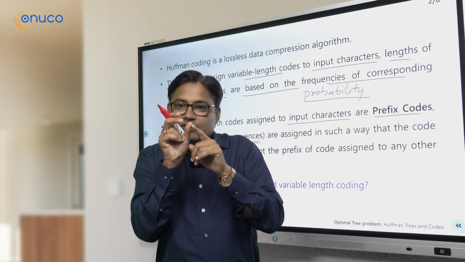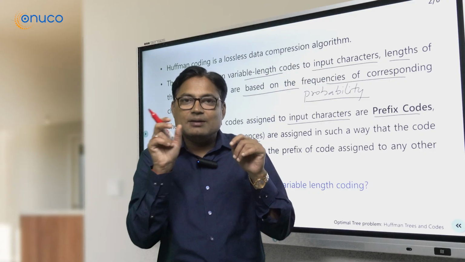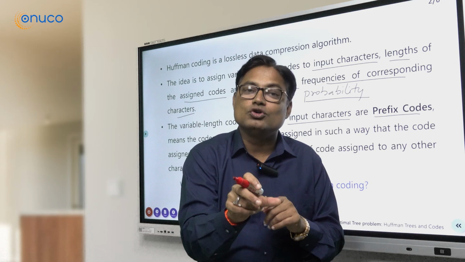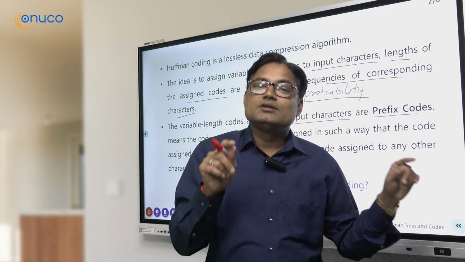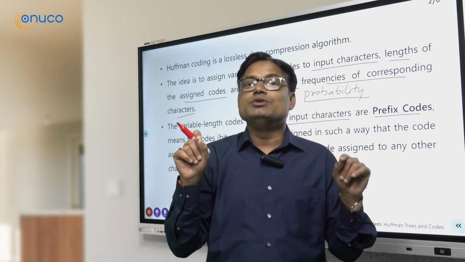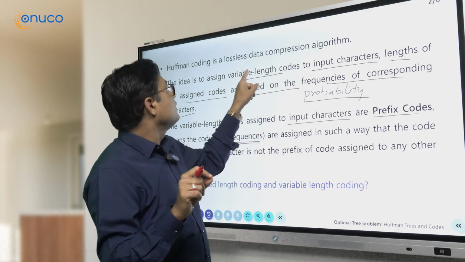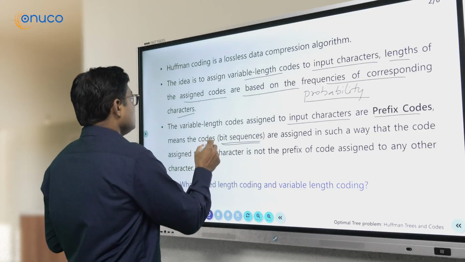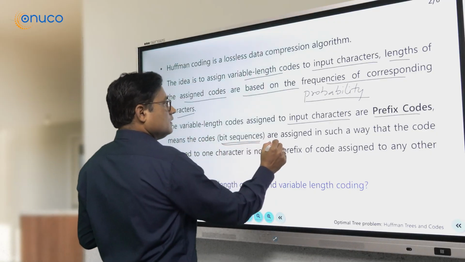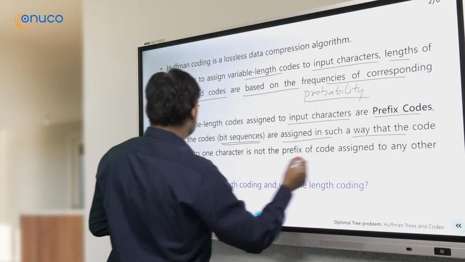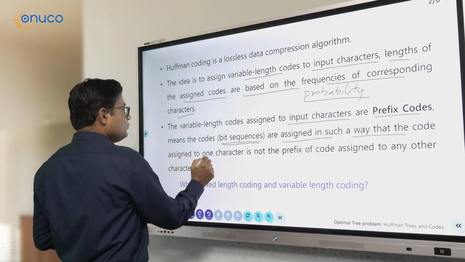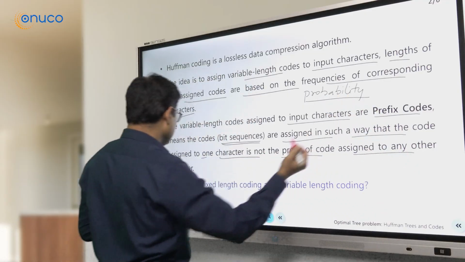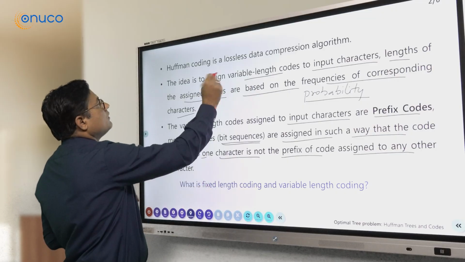If you say that 0 1 0 0 is A, then B should not be the same, and no other character should have the same binary code as A. The code will be unique, and based on the Huffman coding algorithm we always get unique codes. The codes are assigned in such a way that the code assigned to one character is not a prefix of the code assigned to any other character.